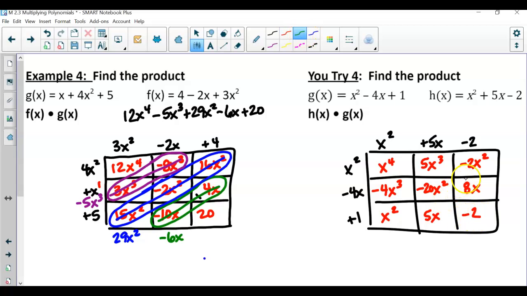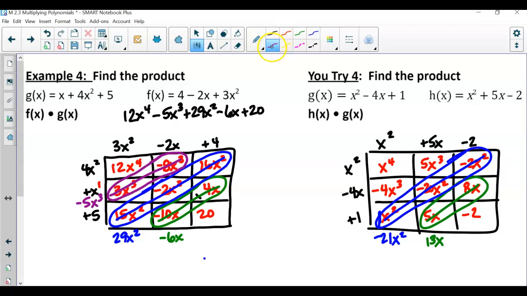Combining the like terms. Here you have the x terms, 5x plus 8x, 13x. Then next, you have these x squared terms. So that's 1x squared here, right? So negative 20 plus negative 2, negative 22. But plus 1 is negative 21x squared.